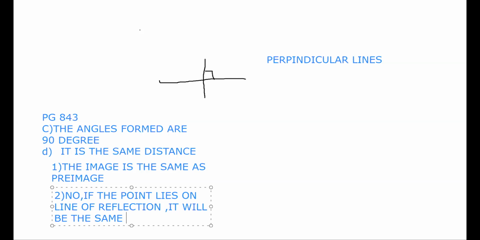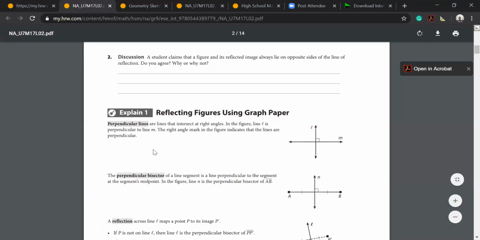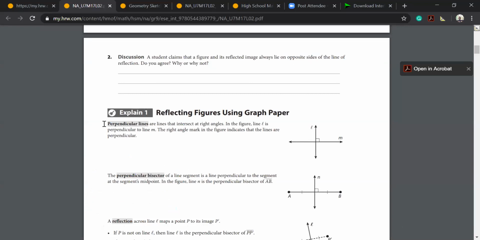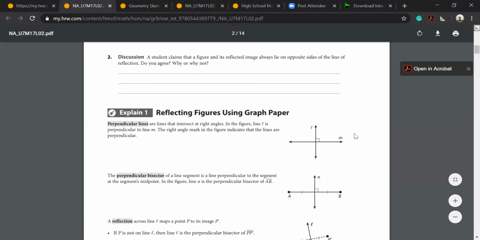Let's complete the book. Reflecting figures using graph paper. You remember when we took translation, I told you that translation is done in two ways. It was the vector way, when he gave me a vector and I started by measuring how many points left to right, up to down, and then after understanding, I would do my translation.